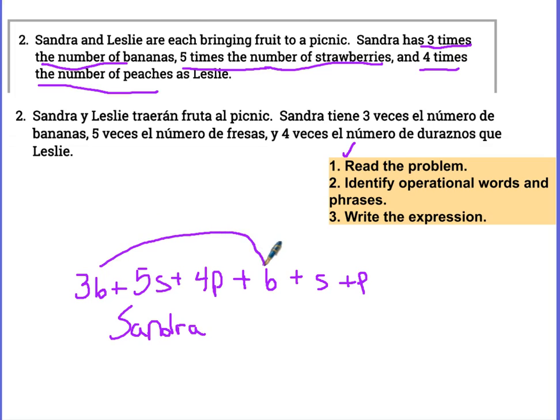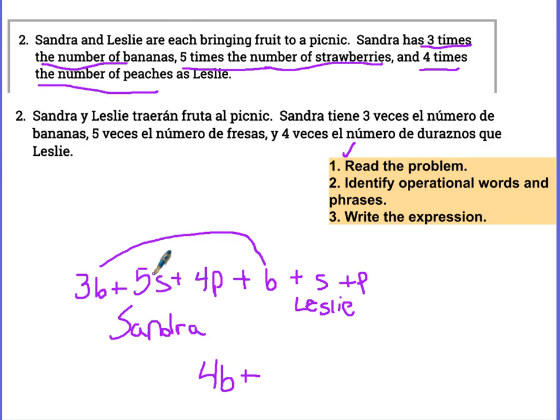This is where I'm going to be able to combine like terms. 3 times B plus B. Remember, there's that invisible 1 in front. So all together, I have 4 times B plus 5 times the strawberries. And let me put Leslie here. This is Leslie's amount. Leslie has some strawberries.